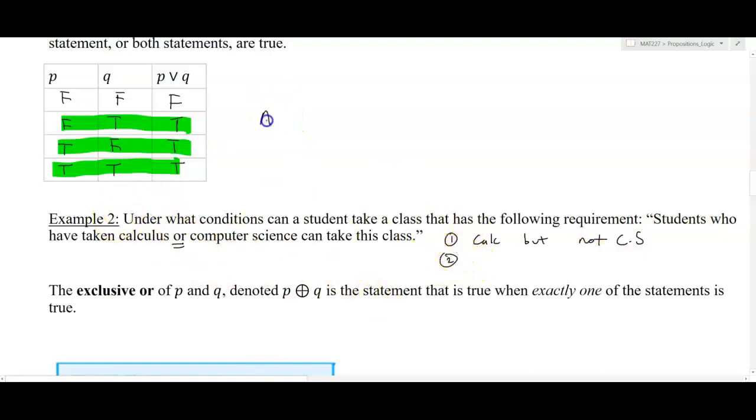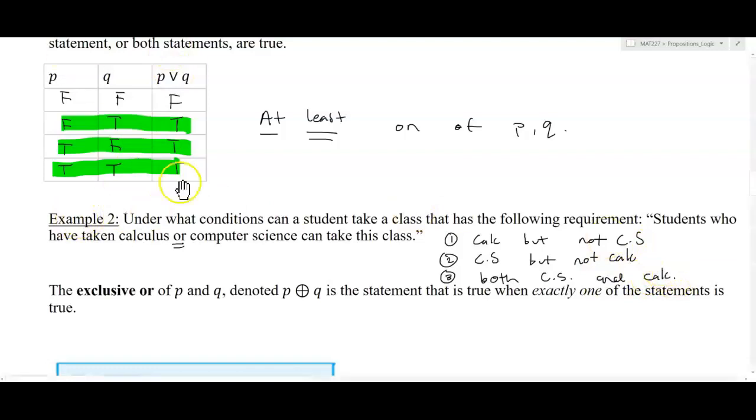So another way to say this is at least one of P, Q. Another way I could have satisfied these requirements is if I've taken computer science, but not calc. And they certainly won't say, well, you've taken both, so you can't take the class. If I've taken both of those, I've definitely satisfied the requirements as well. So under any of these three circumstances, I can take the class that this is a prerequisite for.